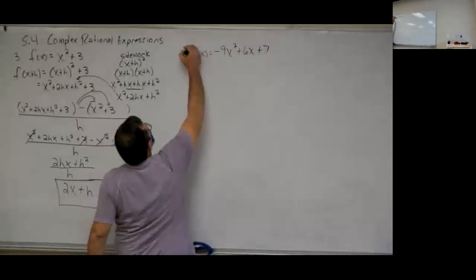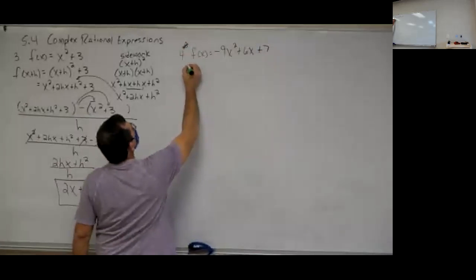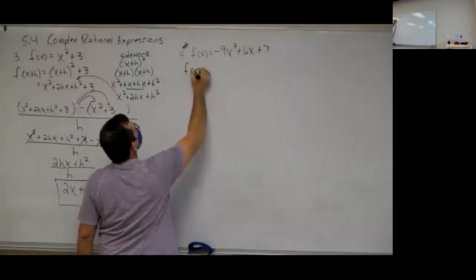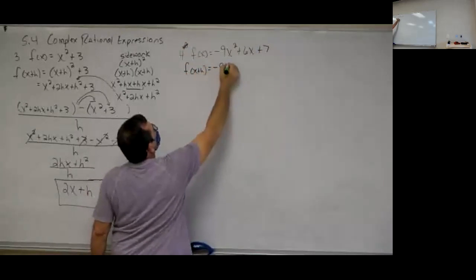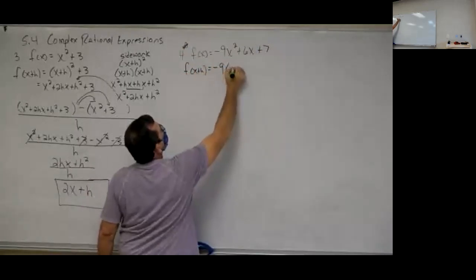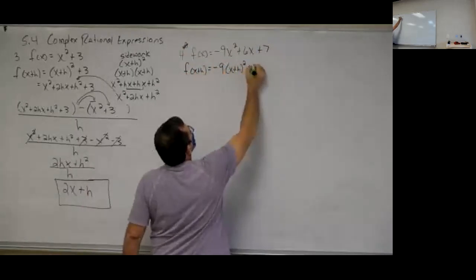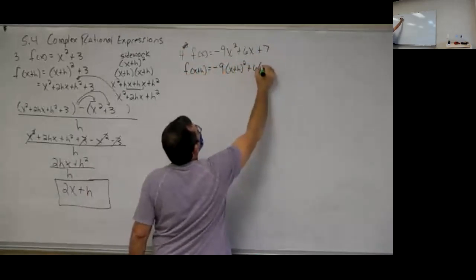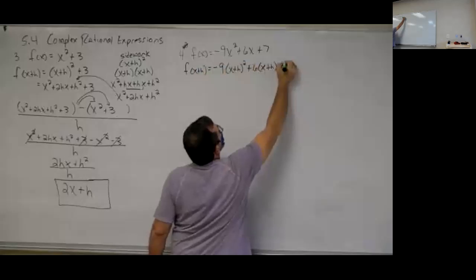And on our final, so start out, and this is probably going to be seen a little bit. Oh, y'all look at that, that's a little bigger, ain't it? So first of all, I'm going to find f of x plus h. That's going to equal negative 9 times x, which is x plus h squared, plus 6 times x, which is x plus h, plus my 7.